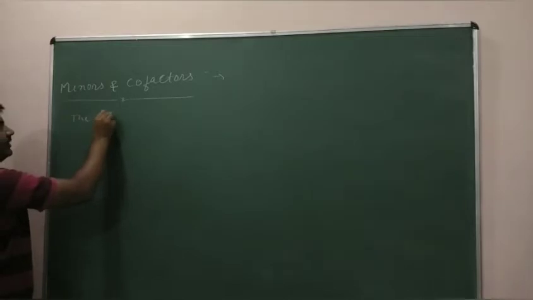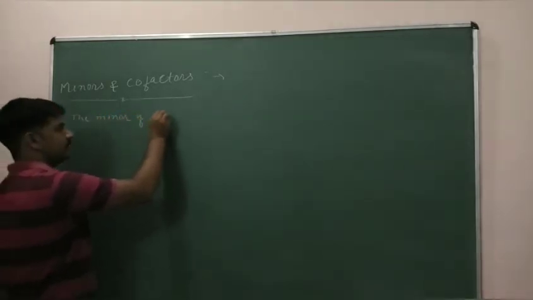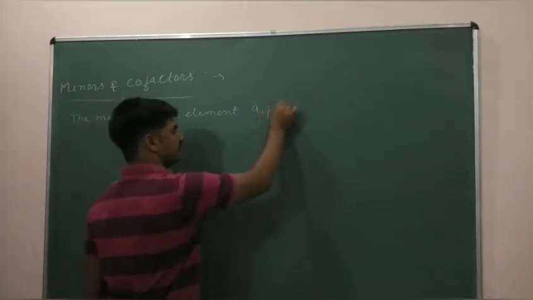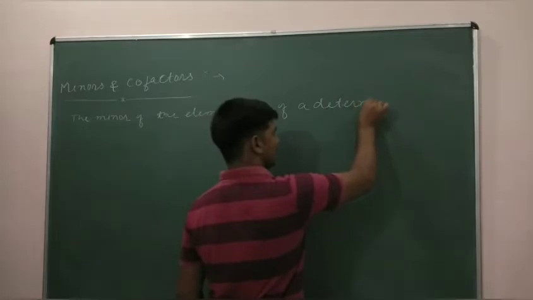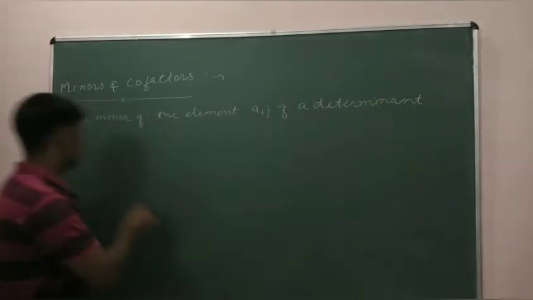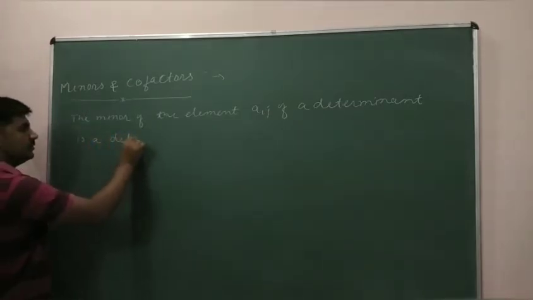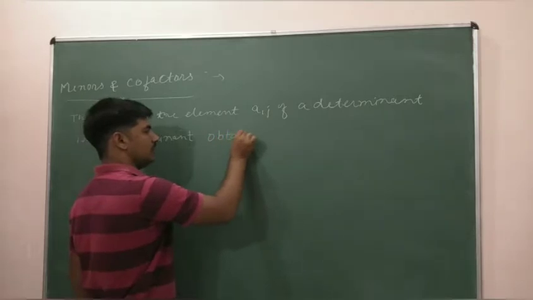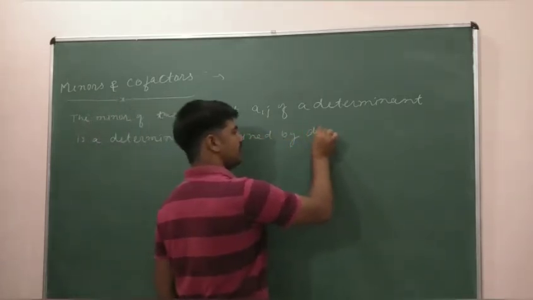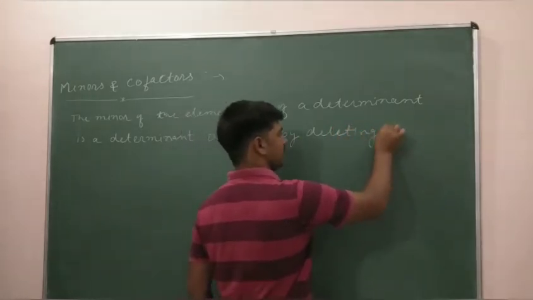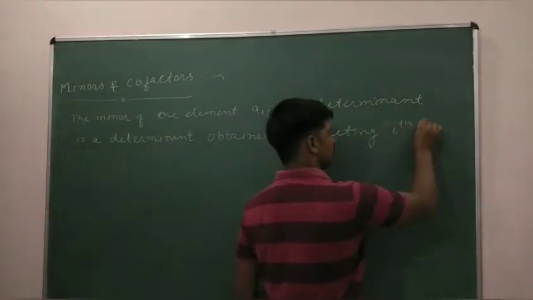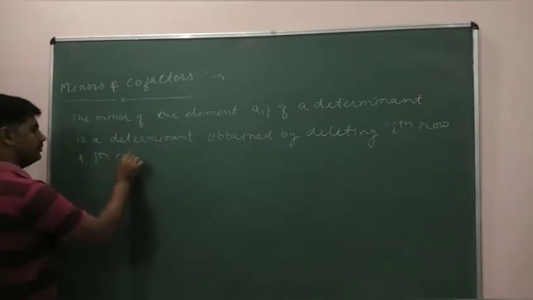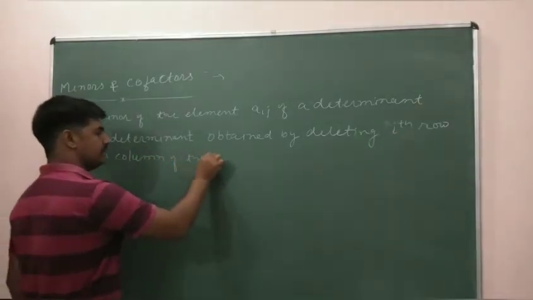The minor of the element Aij of a determinant is a determinant obtained by deleting ith row and jth column of the determinant.